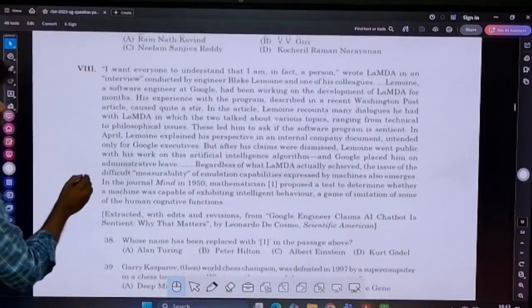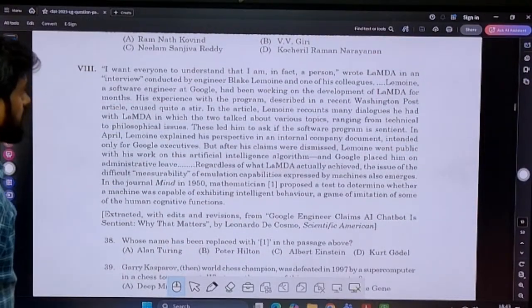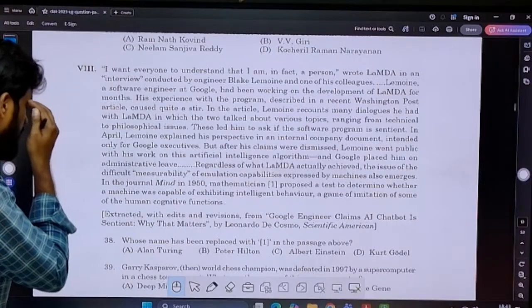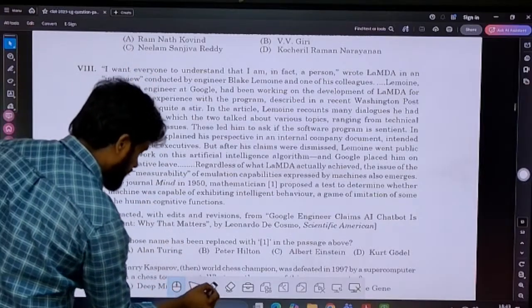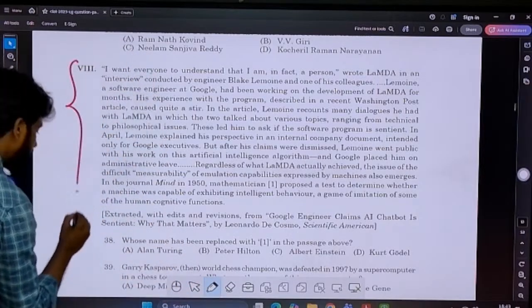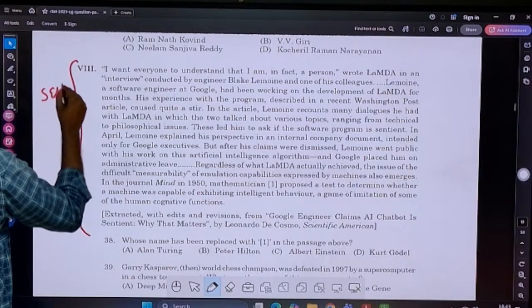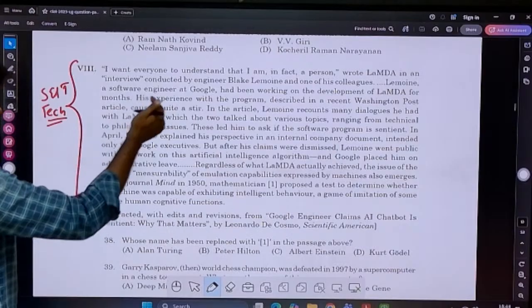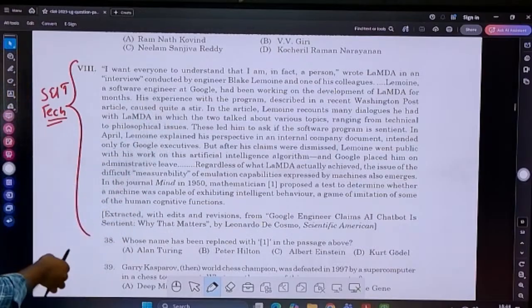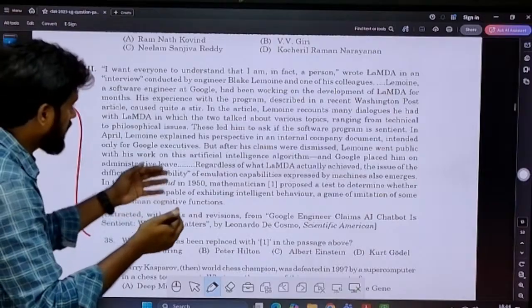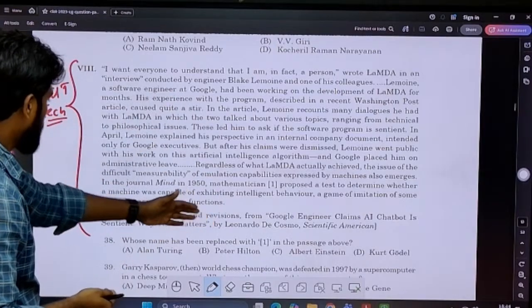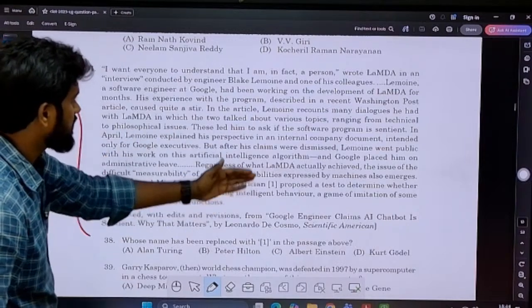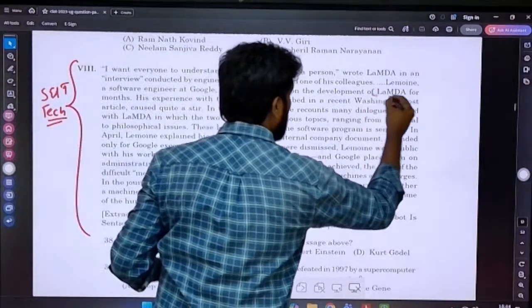See this? Okay, so if you see this, this article was talking about science and technology, S&T, tech గురించి మాట్లాడుతున్నాడండి. He was talking about how Google has come into existence. Okay, and he was talking about artificial intelligence, and about the development of LaMDA.